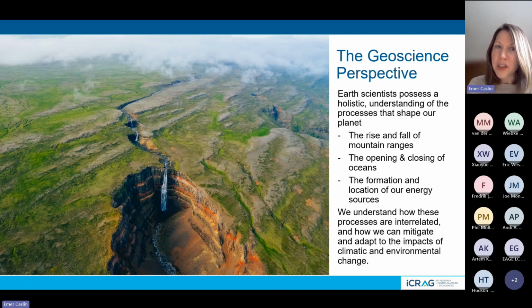In the fourth dimension of time as well, we have a good understanding of the rise and fall of mountain ranges, the opening and closing of oceans, and the formation and location of a broad spectrum of energy sources. We have a good understanding of how these processes are interrelated, how we can extract resources in the most sustainable way possible for a sustainable future, and also how we can mitigate and adapt to the impacts of climate and environmental change.